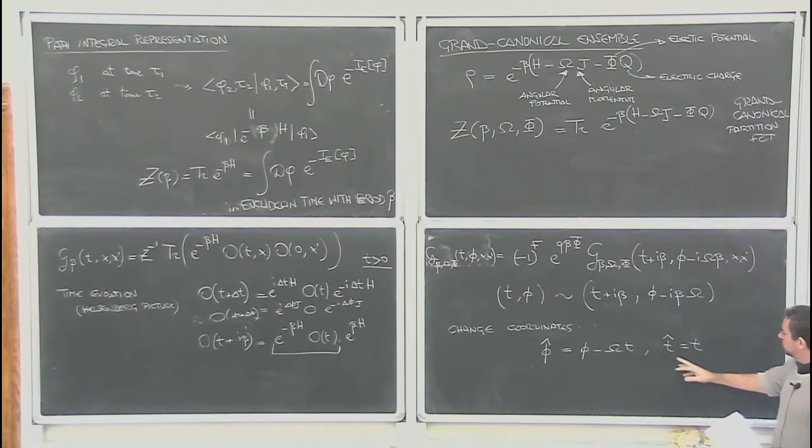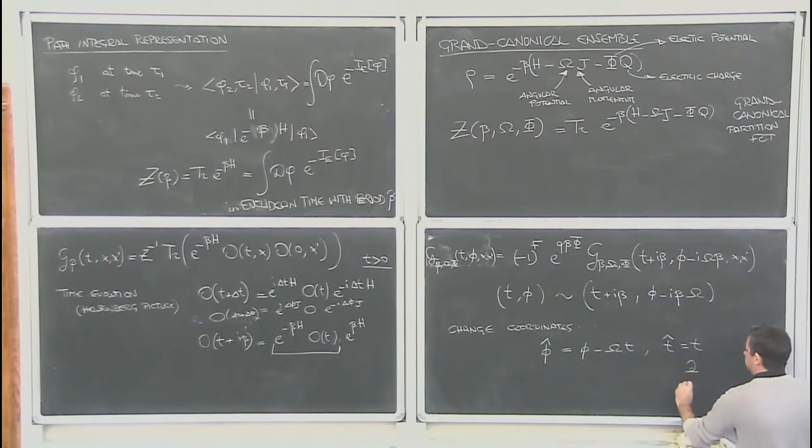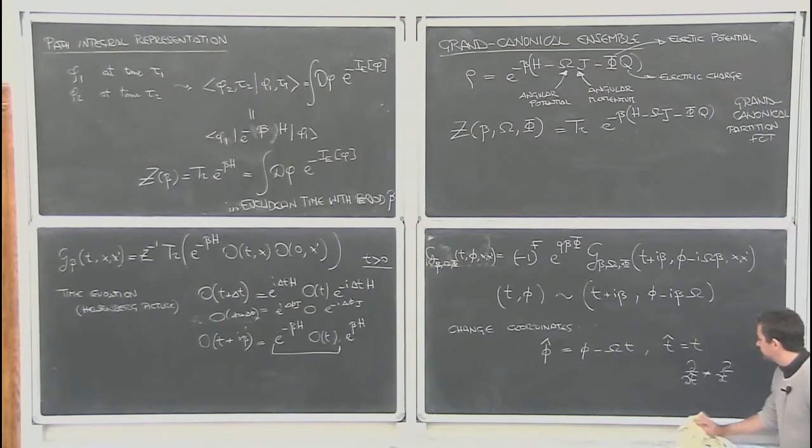But it's good to distinguish between the new and the old t. Here they are just the same, but when I compute d over dt hat, this is not d over dt, so you have a contribution from there. We will do this. But for the moment, let's just do this change of coordinates.